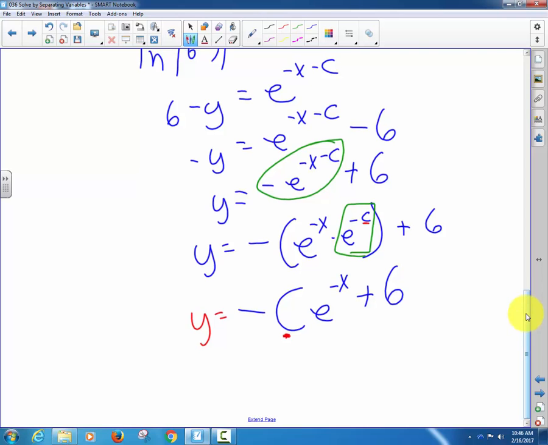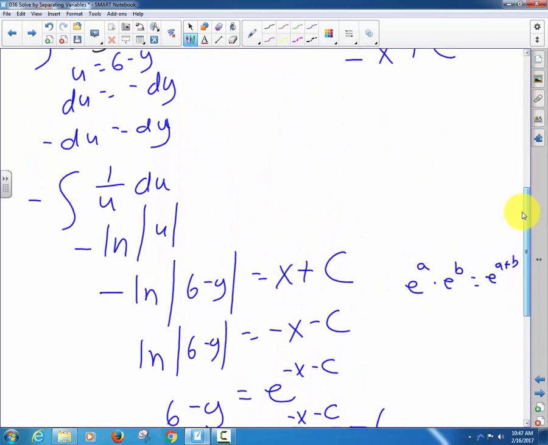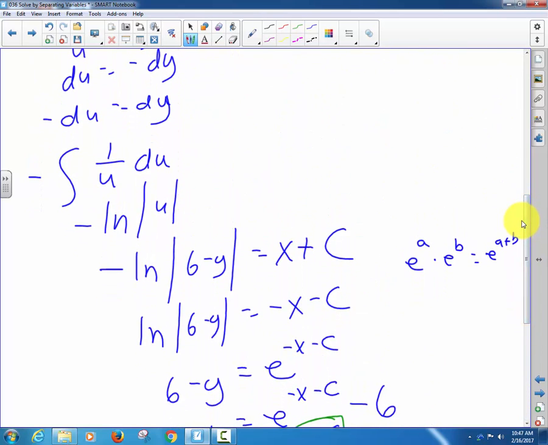This is a process that you need to get accustomed to doing anytime you've got ln in it, to get rid of it. On this next test, it will not be all multiple choice. Some of it's going to be show your work. So I might give you this problem and say get to an answer here. When I do that, I'm going to tell you write your answer as y equals, or write your answer as y squared equals.